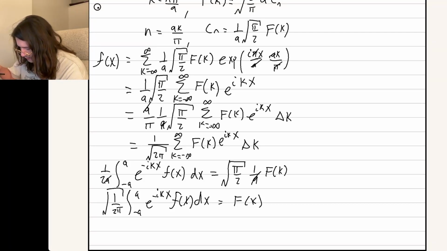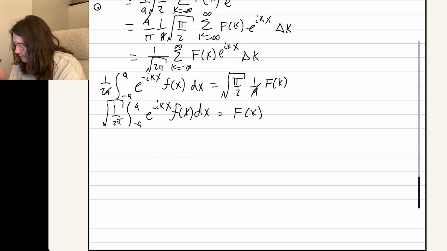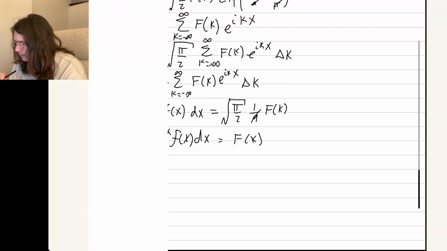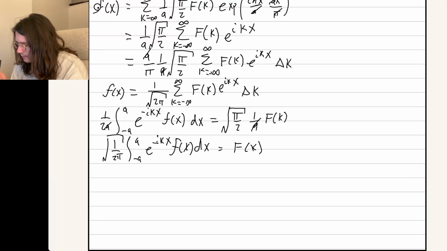So we get to the last step where we take the limit of these equations as a goes to infinity. So this is the Fourier transform stuff. So in the limit where a goes to infinity of k, which will be the limit as a goes to infinity of a n over pi.